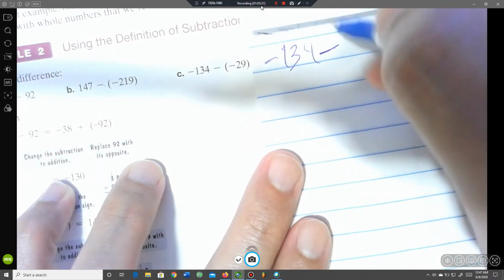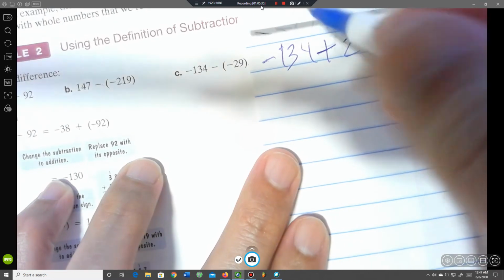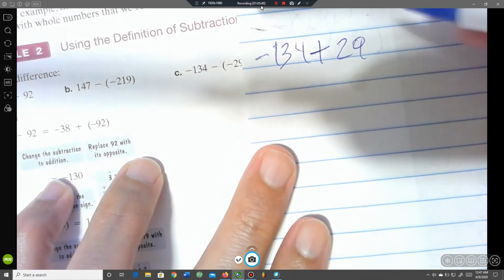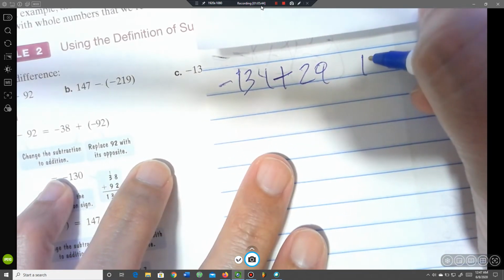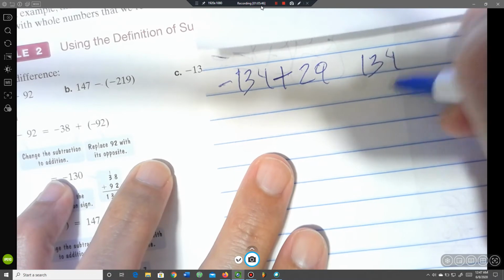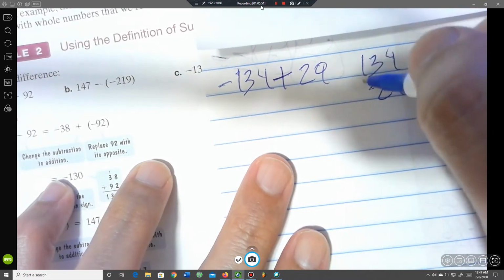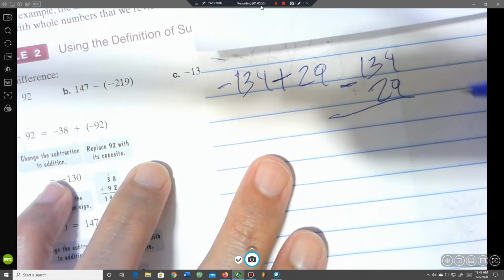Since they're together, we're going to change them right away. That's positive 29. I only have one sign. That's a subtraction. Well, treat it as a subtraction, and subtract the smallest value from the largest one. And then here I'll have a negative. Yeah, so negative sign there.